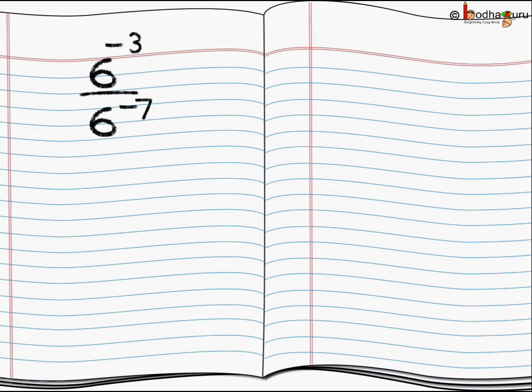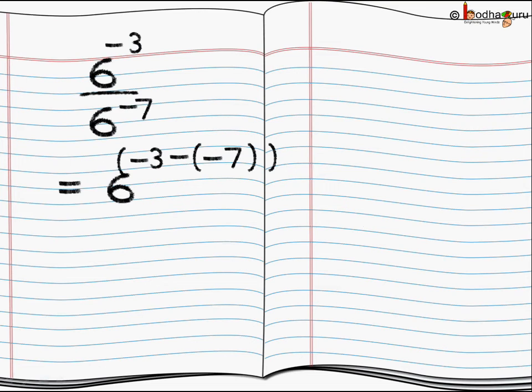Let us take one more example. Here we have 6 to the power minus 3 divided by 6 to the power minus 7. If we see, both the powers are negative numbers. This becomes 6 to the power minus 3 minus minus 7. Why? Because we need to subtract minus 7 from minus 3.